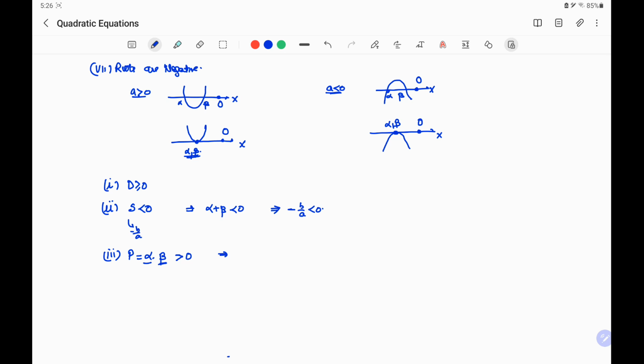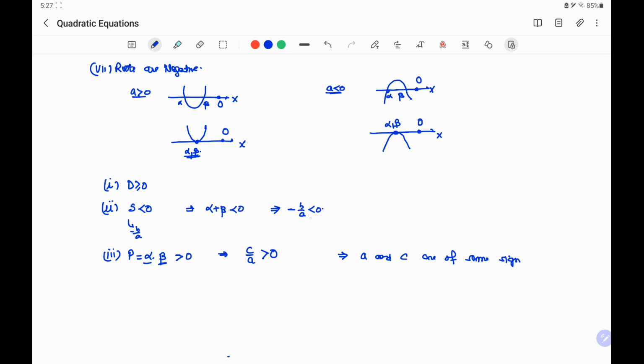So this implies that the product c/a is greater than 0. This c/a greater than 0 says that a and c are of the same sign. That means if a is positive, then c should also be positive, and if a is negative, then c should also be negative.